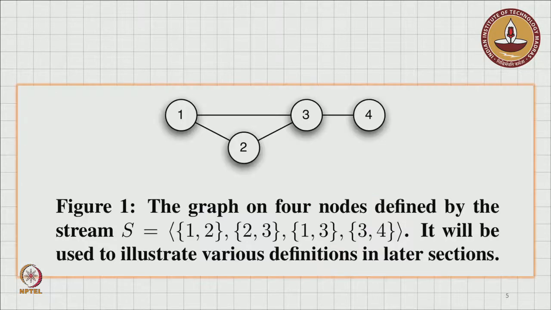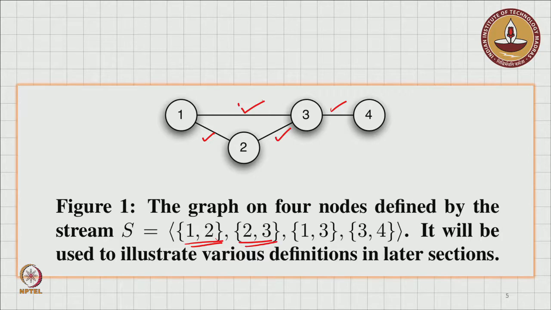Okay. So here's a quick example of a graph with 4 nodes, and an example input stream will be first that we get the edge 1, 2. So we get this edge, and then we get the edge 2, 3, which means we get this edge, and then 1, 3, then 3, 4. But there is no reason why we should get it in this particular order.